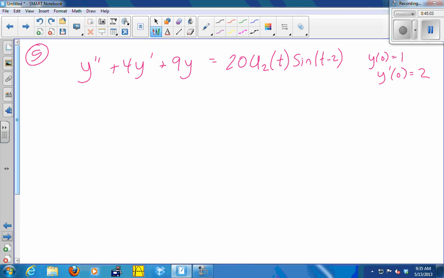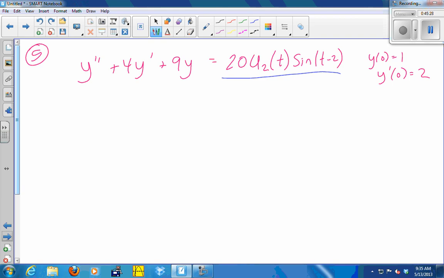Okay, so the long-term behavior is going to approach that function, because this is a harmonic oscillator with mass 1, damping coefficient 4, and spring constant 9. So this is a harmonic oscillator with positive damping coefficient, which means it's going to die out.